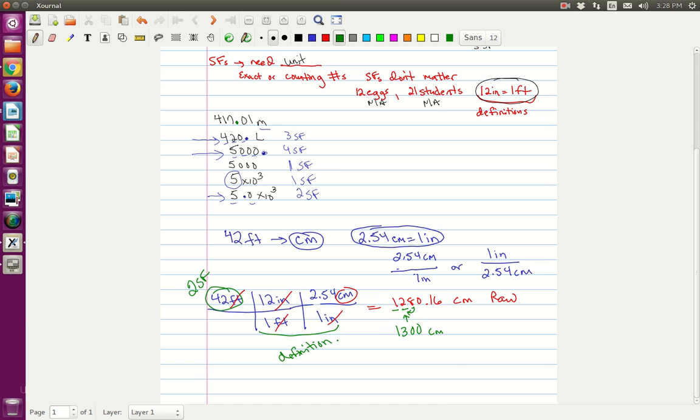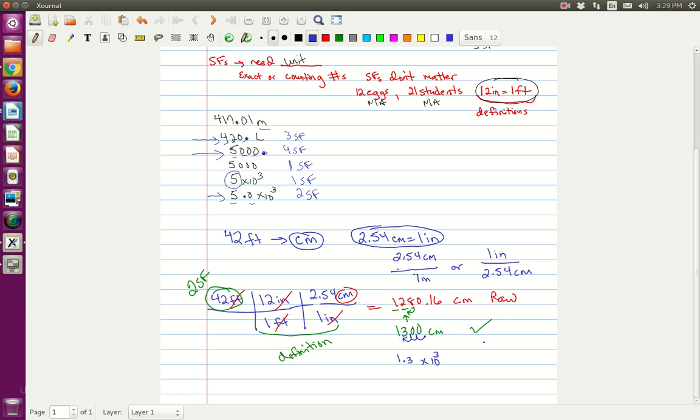If I wanted this in scientific notation, so this answer is perfectly fine unless I say, give me the answer in scientific notation. Well, then I got to move my decimal. It ends right here, so I'd move my decimal 1, 2, 3 places to the left. So it would be 1.3. I need to keep the 2 sig figs times 10 to the third. I moved my decimal places 1, 2, 3.